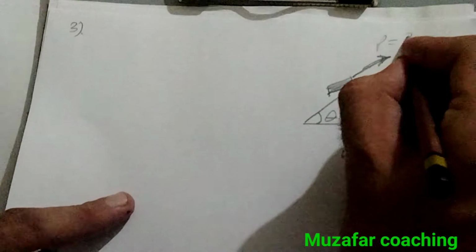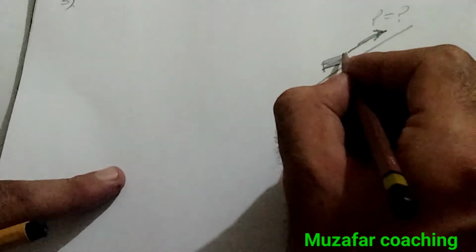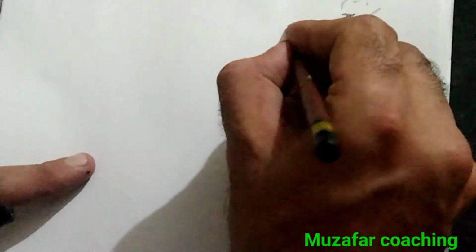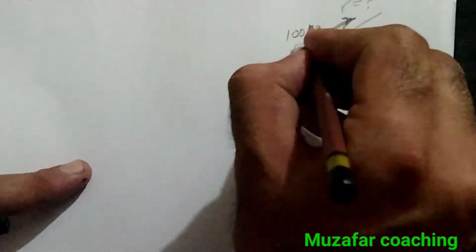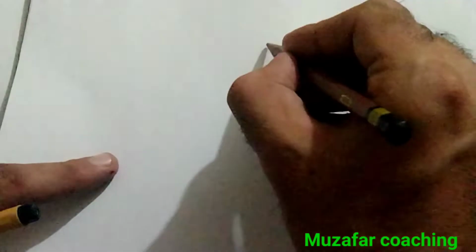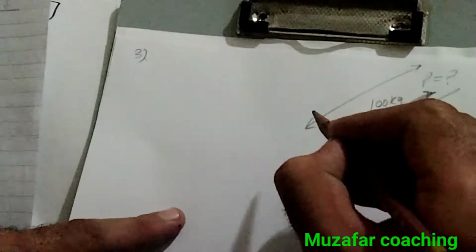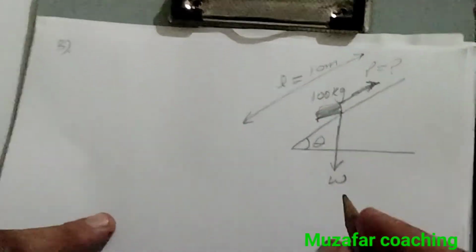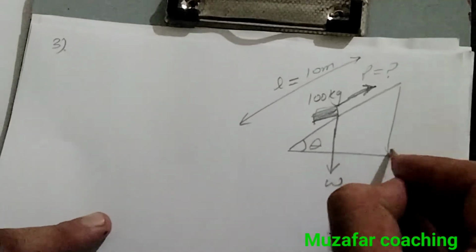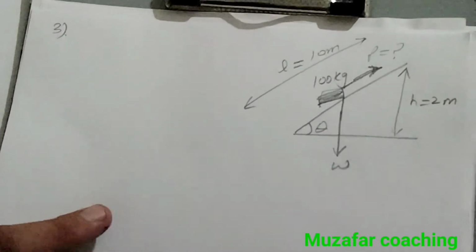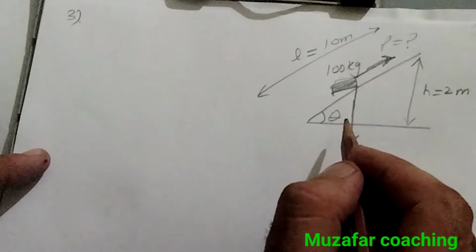We are supposed to find P, how much effort is applied to lift this load. The mass of this load is 100 kg. The length of this inclined plane is 10 meter, and the height is 2 meter. I hope now this diagram is clear for you.